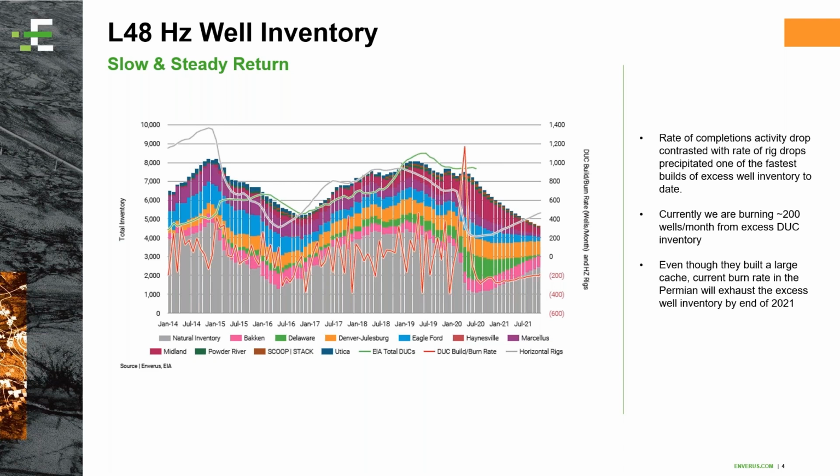It's not going to last forever, and so while the DUC inventory can sustain capital efficiency for a time, it's not the long-term solution. What I'm trying to get at here is that it is a lever, it will help in 2021, but it's not necessarily the long-term answer.